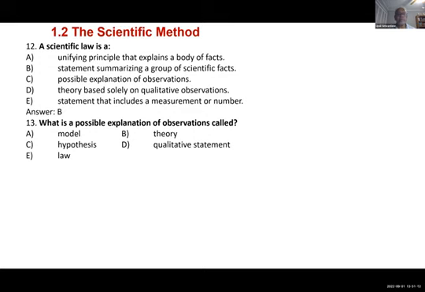What is the correct answer? Is it B? A possible explanation of data. Possible means it's not definite. Theory is kind of more concrete. Possible means the idea is not tested. If it is not tested, what is it called?